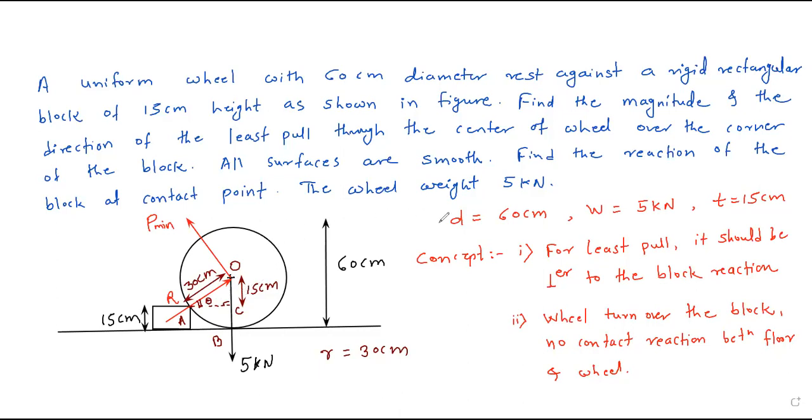To calculate the angle theta, I will use the formula of sine theta, which is opposite side upon hypotenuse. My opposite side is 15 centimeter and hypotenuse is 60. If you solve this, you will get the value of theta.